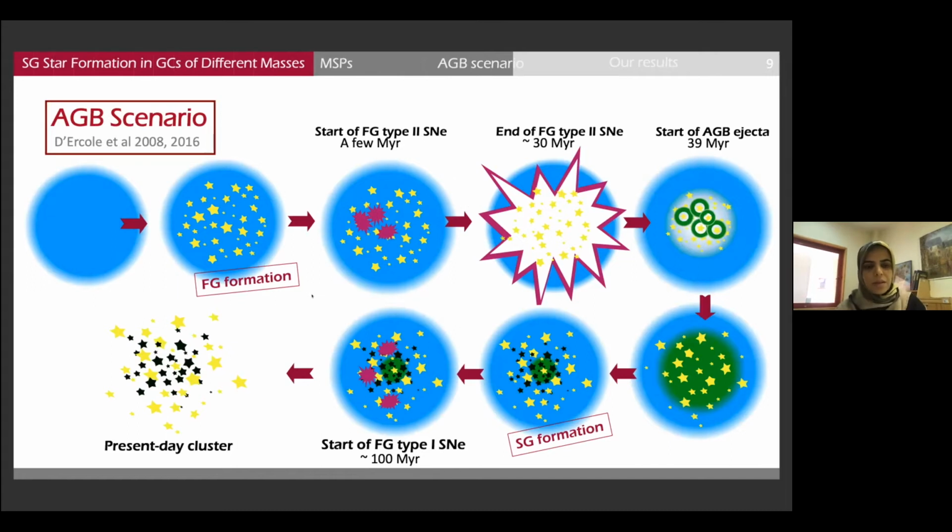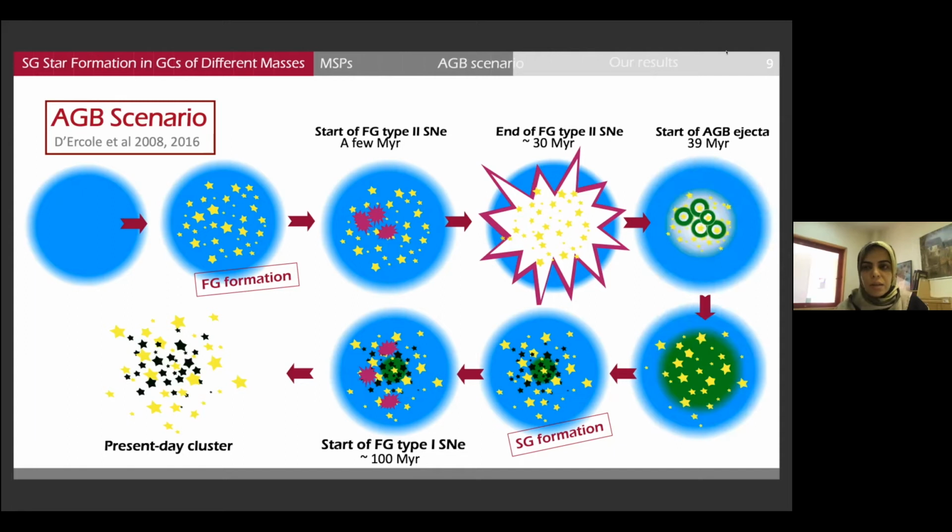At first, first generation stars form from a cloud with normal chemical composition. After a few million years, type 2 supernovae of first generation stars expel the remaining gas and stop star formation until about 30 million years.